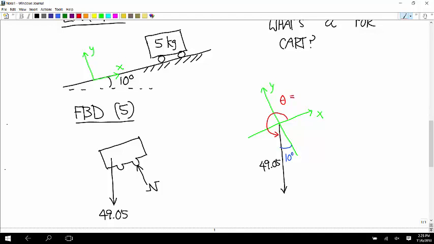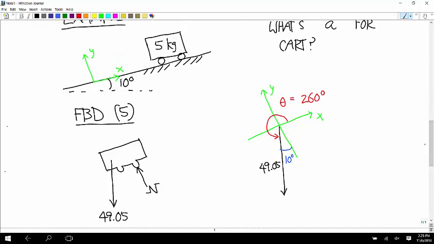But we fell 10 degrees short of getting there, so 260. And so that weight force is 49.05 times the cosine of 260, and 49.05 times the sine of 260.